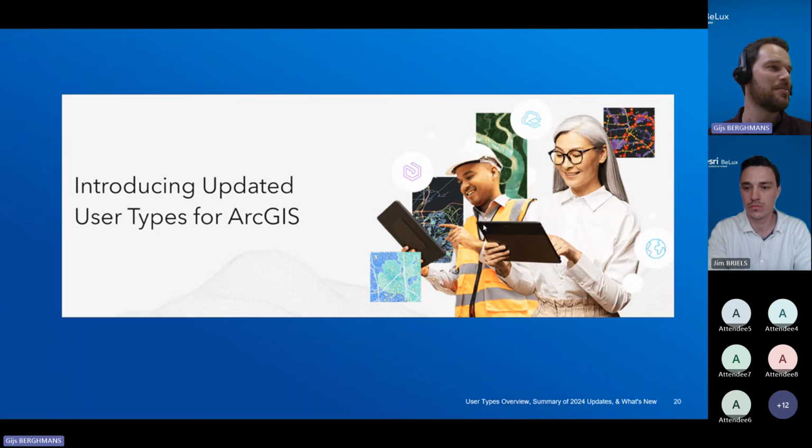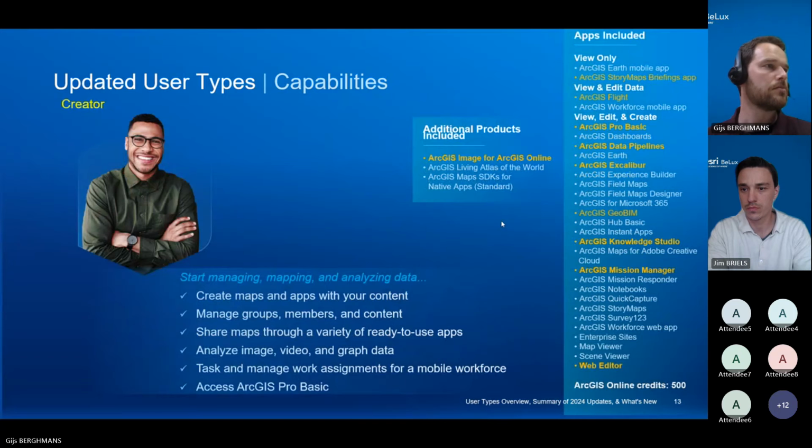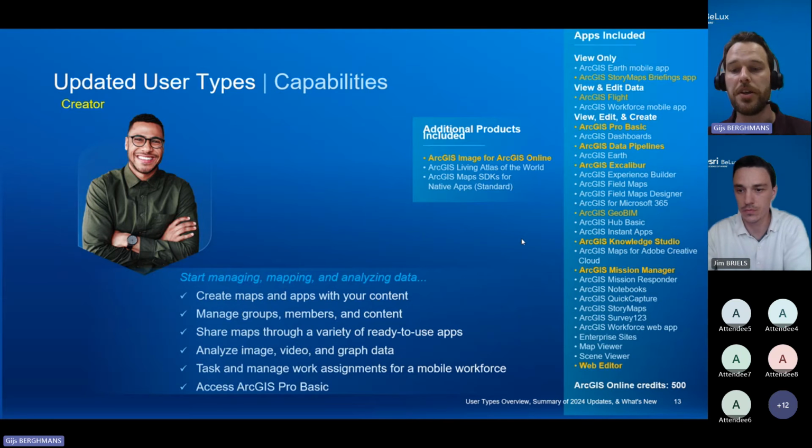It will take some time to get there, but we are talking about the new creator user type. A lot of these applications were not available in the creator, but also not available in the professional basic. So both the creator and the GIS professional basic will get more functionality.